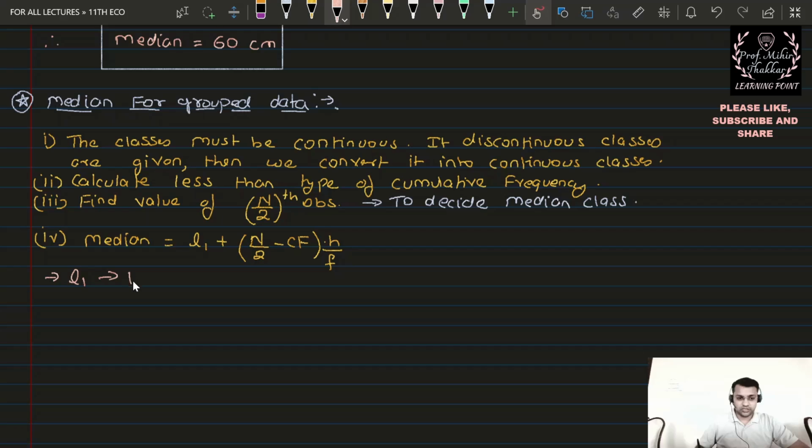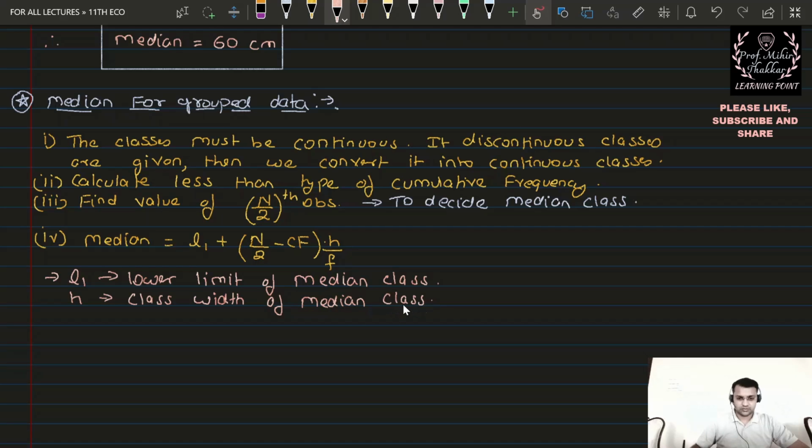L1 is actually the lower limit of the median class. H is the class width of the median class.